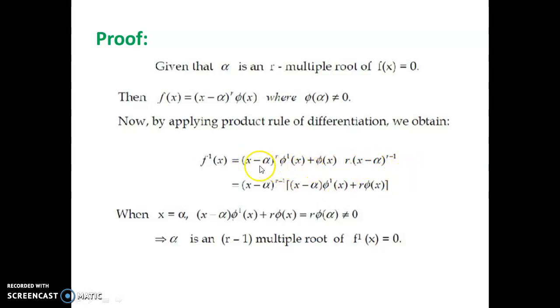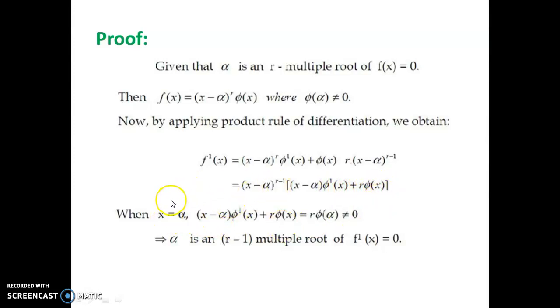On the right hand side, x minus alpha raised to r exists in the first term, and in the second term x minus alpha all raised to r minus 1 exists. Now x minus alpha all raised to r minus 1 is common to both terms. So you can take x minus alpha raised to r minus 1 outside. Then you will get x minus alpha into phi dash of x plus r into phi of x.